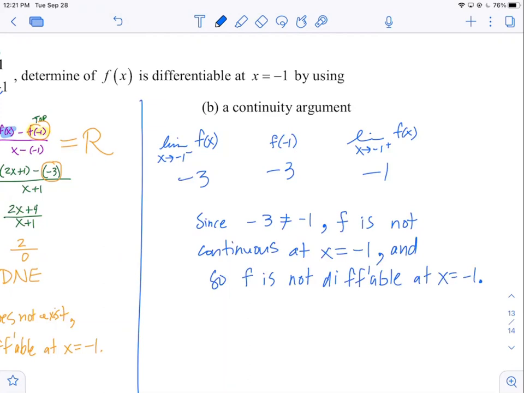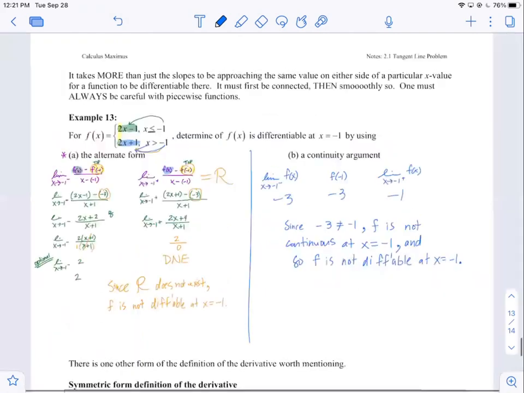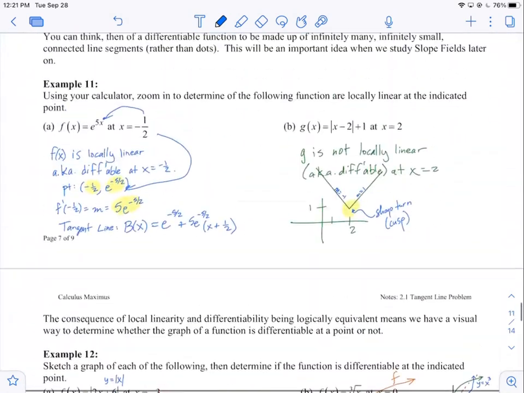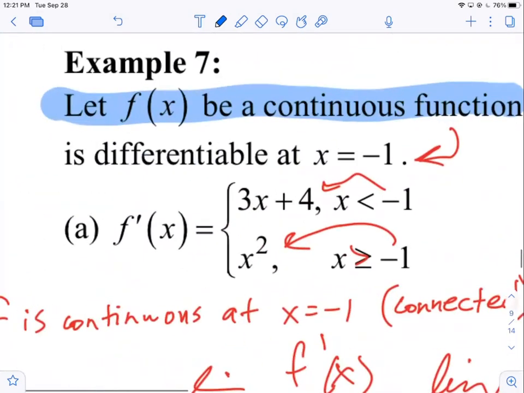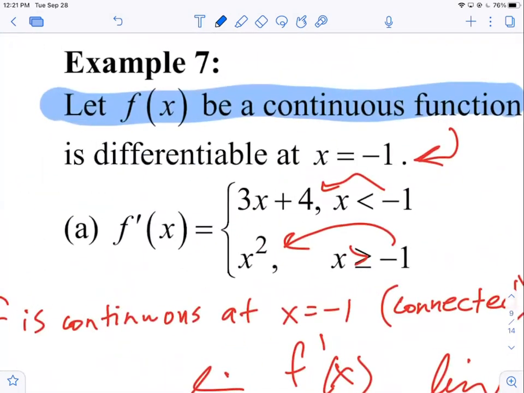Now, in the future, if we did this and we got all three of them being the same number, now the function is continuous, which means it's possibly still differentiable. Then, as I mentioned yesterday, we will be able to quickly find, using a different technique, a piecewise derivative function.